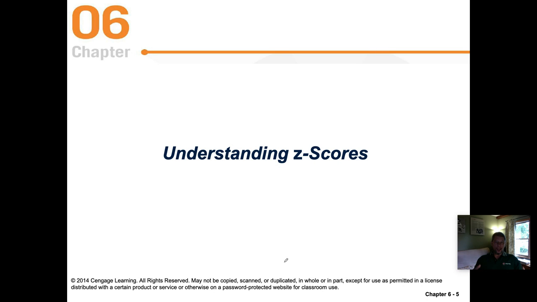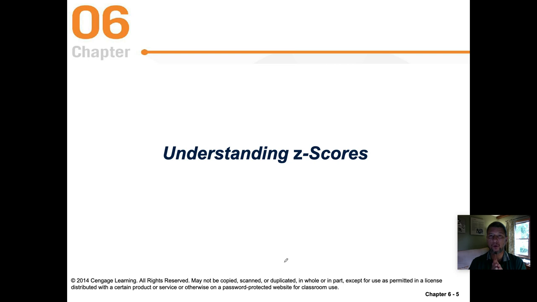So again, what exactly is a z-score and how are we going to address this? What do we need to know in order to understand what a z-score actually is? Well, it turns out that it really is fairly simple if you don't let yourself get confused by the actual numbers.